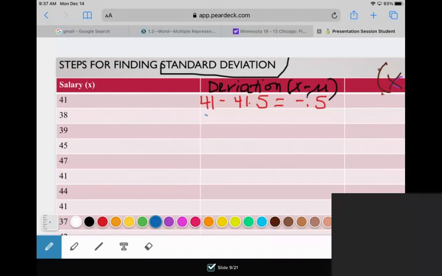I'm just going to write this down. I'm not going to talk through this, unless you want me to. But I'm just going to go ahead and find the deviation by taking the values and taking away the mean.